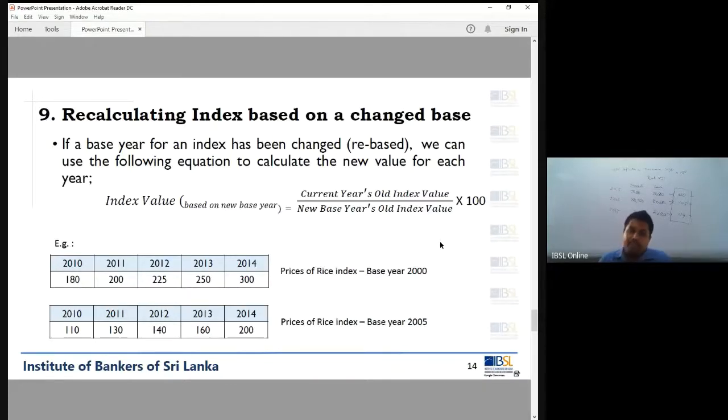We discussed, under the factors to be considered for computing good indexes, that your base year has to be a reasonable year. So obviously, from time to time, any index will be going through a rebasing, or change in the base year, just to get a good comparison with the very recent years' variables.